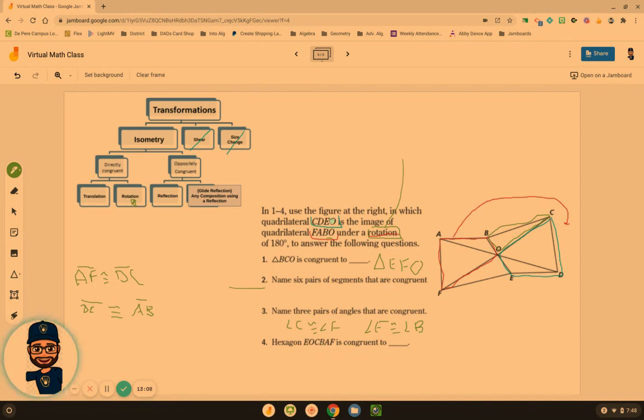E matches up with B. O matches up with O. C matches up with F. B matches up with E. A matches up with D. And F matches up with C. So all I'm doing is looking at these 2 pairs and the relationship that exists between the blue and the red up here to match them up, because they need to be in the exact same spot in both quadrilaterals.